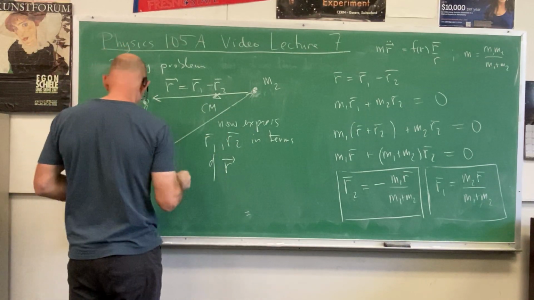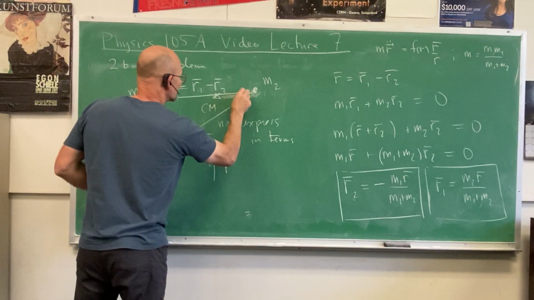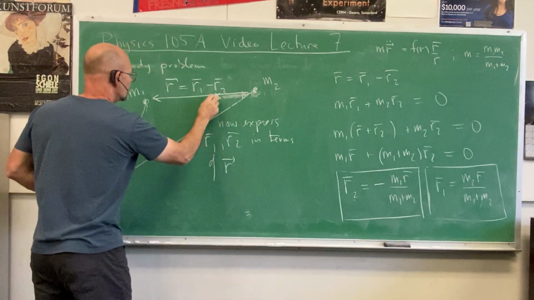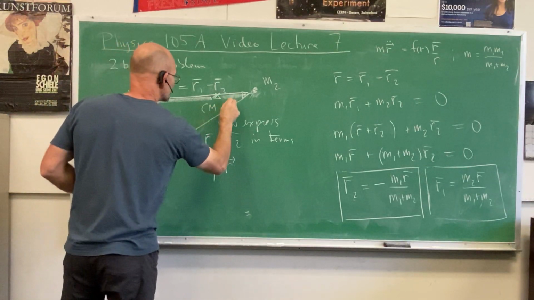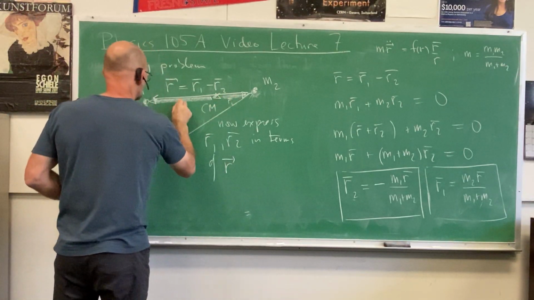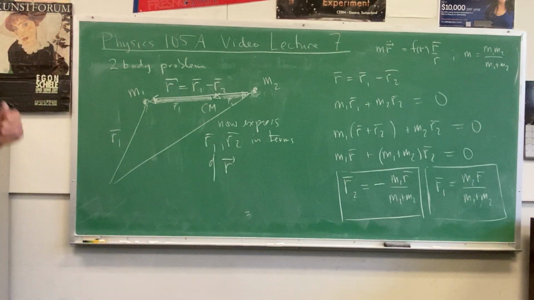So there's our R sub 2, and there's our R sub 1. If we take the center of mass as the origin, no big deal.